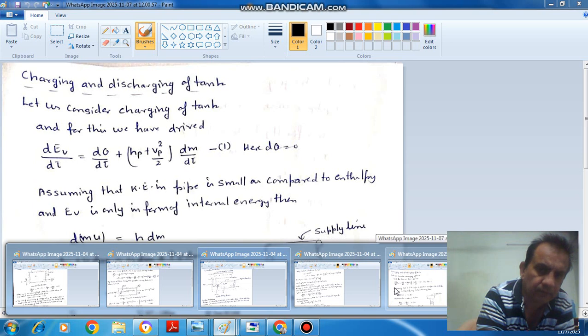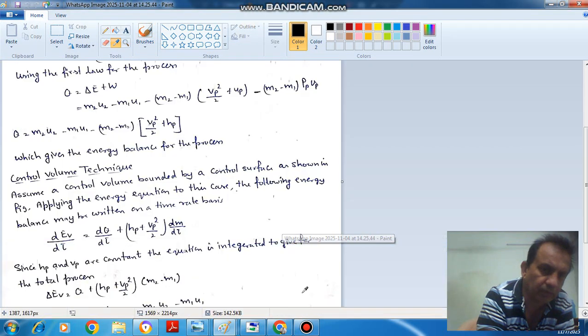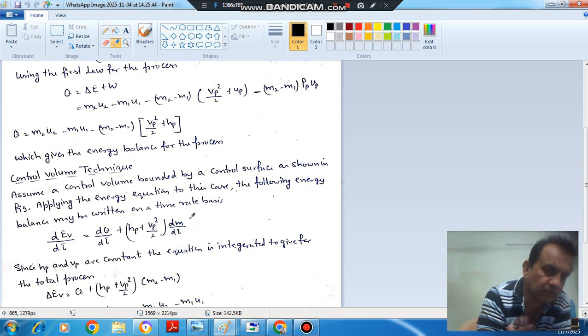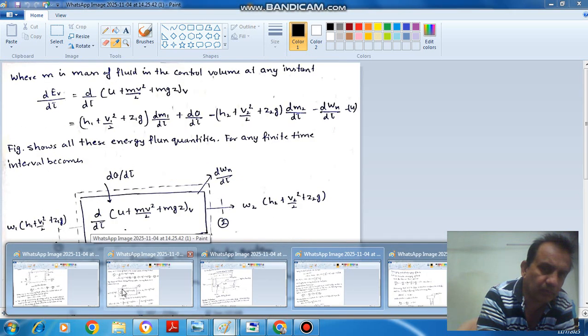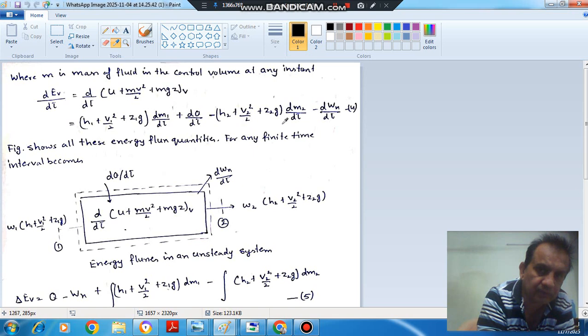The work done term is omitted, and there is no mass outflow, so the outlet term is also omitted. We will have dQ by d tau and the mass coming in having some energy.